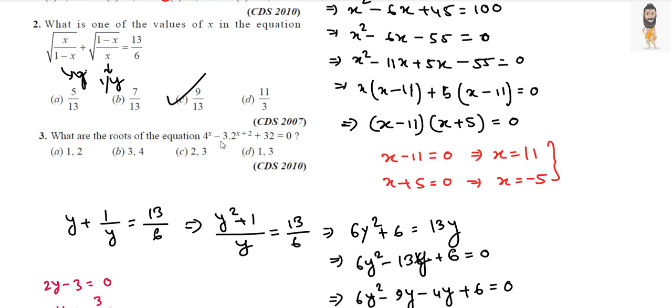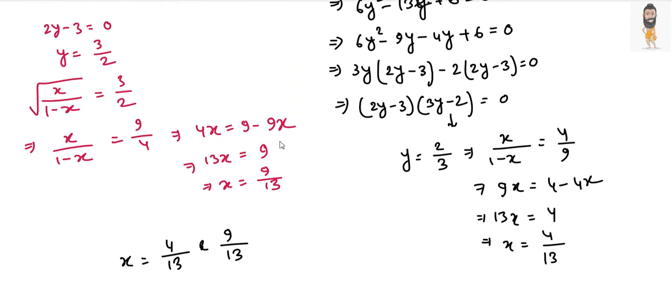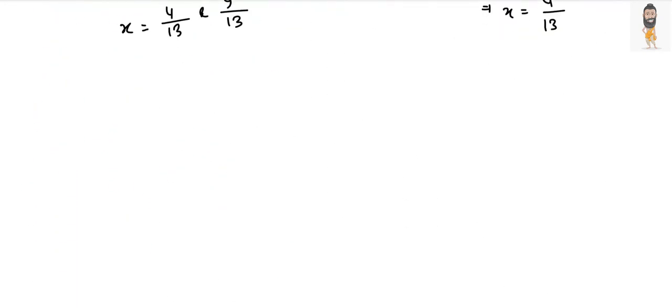Now, what are the roots of the equation 4x minus 3 into 2 to the power x plus 2 plus 32? Let me write down the maths here: 4 to the power x minus 3 into 2 to the power x plus 2 plus 32 equals 0. Sorry, it is 4 to the power x, not 4x.